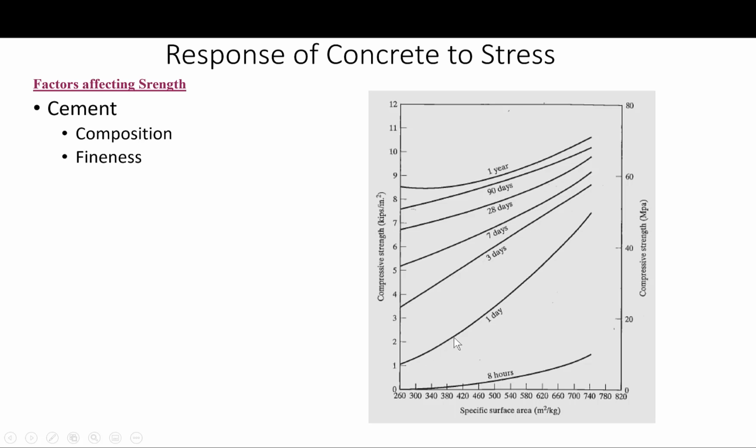At one day the effect is more pronounced, and at 3 days, 7 days. If we go to the later ages, for example at 1 year, the effect is not as obvious as it is for the earlier ages. So you have to keep that in mind.